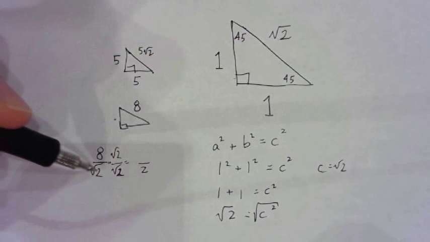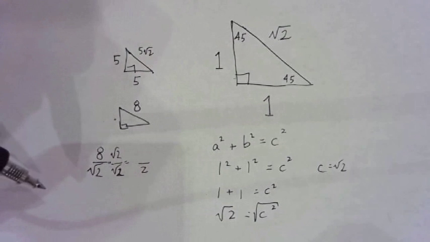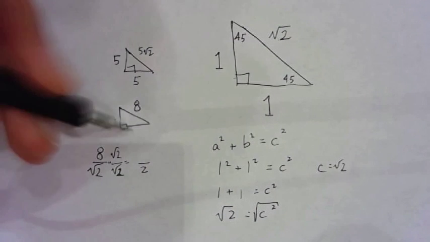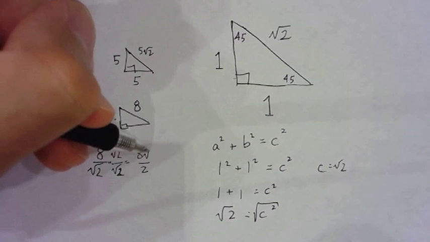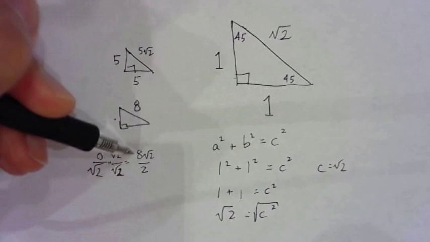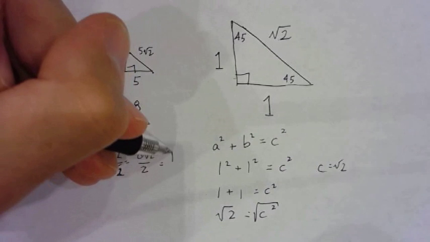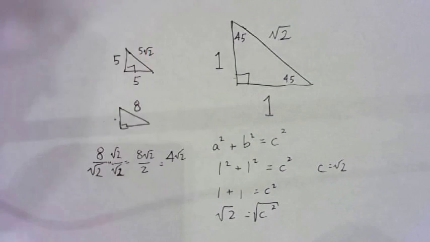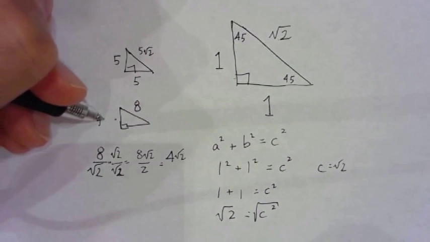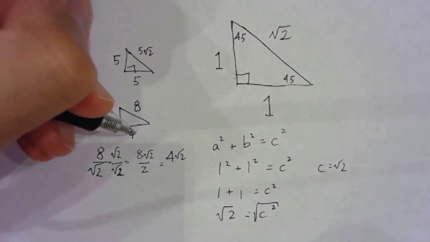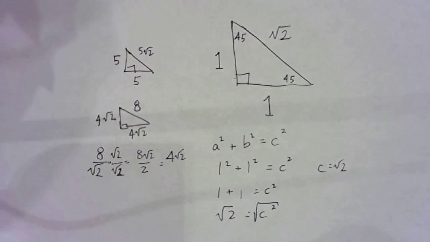The square root of 2 times the square root of 2 is the square root of 4, which is 2. And now 2 can go into 8, so we get 4 square root of 2. So 4 square root of 2 would be the length of both of these sides.